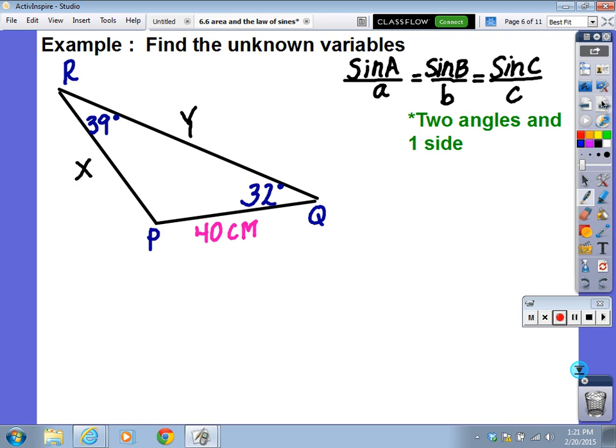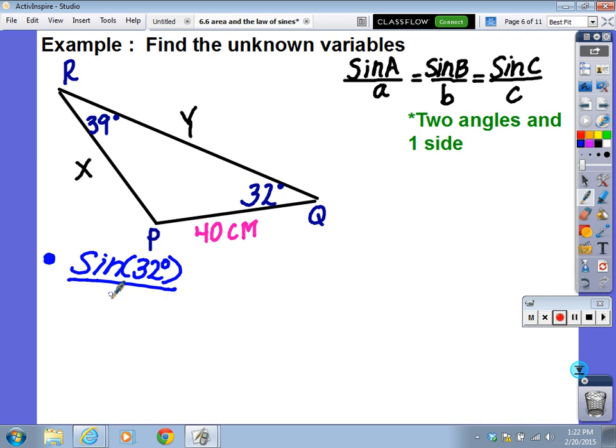So we can find x or y. It doesn't really matter whichever one we want to find first. So I'm going to go ahead and find x first, but either way will work. So we're going to set it up. We're going to do sine of 32 degrees over, so the sine of the angle over the side across from that, which is, what's across from 32, guys? 39.